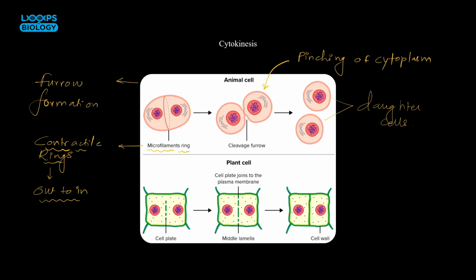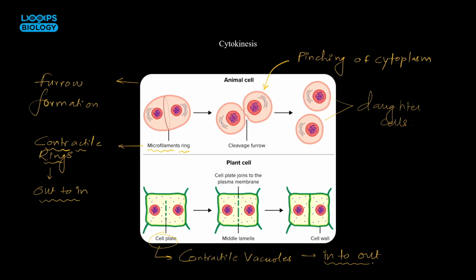Alright. While in case of plant cell, the thing is slightly different. That is, there is a formation of cell plate. So all the vacuoles, the contractile vacuoles, are arranged from in to out in case of plant cell.